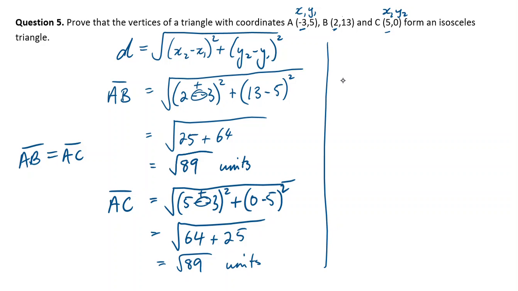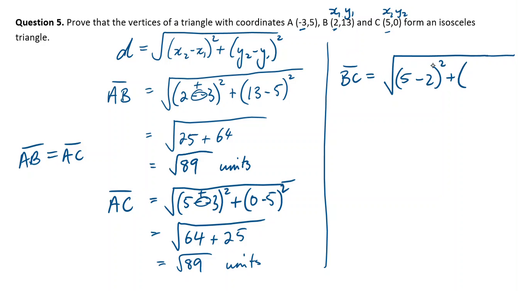I'd probably go underneath here normally, but I'm just going to go over to the side here and say we've got BC. BC will be the square root. Now let's just change this. So this is x1 and that's y1. And we're going to say, okay, it's x2, which is 5, minus x1, which is 2, getting squared, plus y2, which is 0, minus y1, which is 13, getting squared as well.